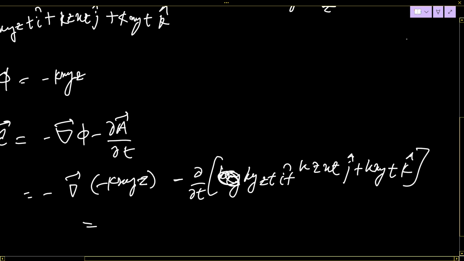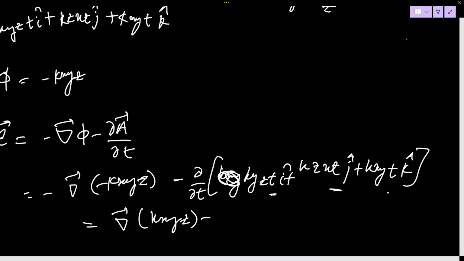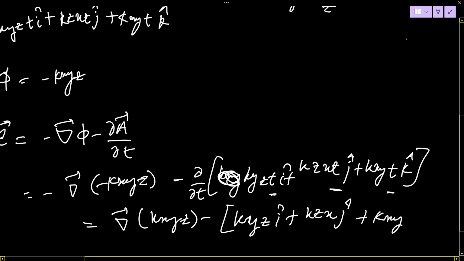This is del of kxyz minus, see, every term there is t, right? So del by del t of everything, all the t's will be gone. So what will be left? Kyz i cap, kzx j cap plus kxy k cap, isn't it?